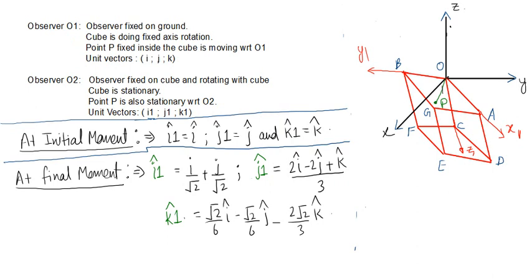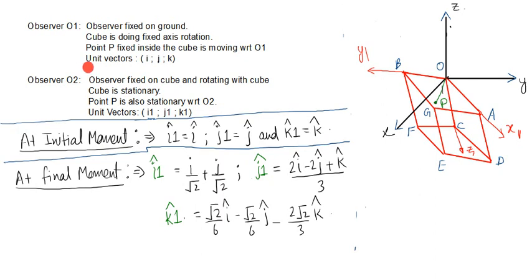And point P, which is fixed inside the cube, is also moving with respect to O1. Because the cube has changed its orientation, P will also change its orientation. So P's position vector will change, and in the first part of the problem we have to find the final position vector of P with respect to O1.